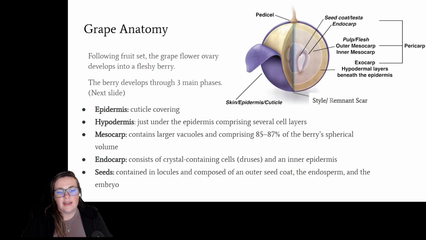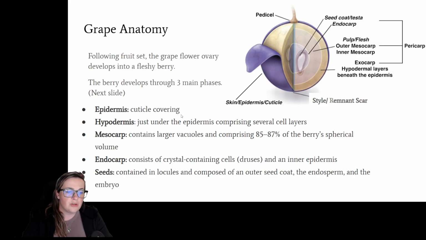Okay, as far as the anatomy of the grape itself, the fleshy berry, as it develops, it goes through three main phases, which we'll talk about in the next slide. But as far as the anatomy goes, there is the epidermis, which is a lot like the anatomy we talk about with humans, right? It's the outer skin covering, or the cuticle covering in this case.